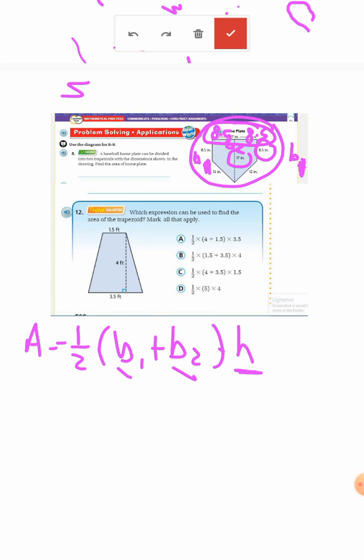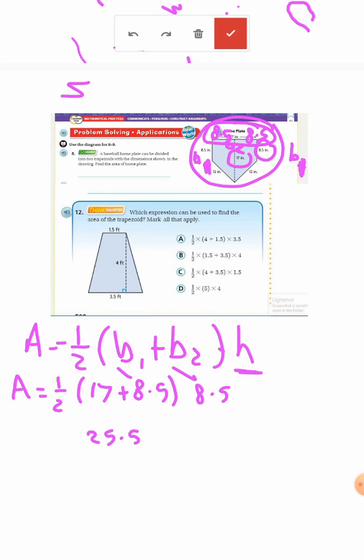So for the first trapezoid, we have A equals half, B1 is 17 plus 8.5, multiply 8.5. 17 plus 8.5 gives me 25.5. So what do you think about this one?